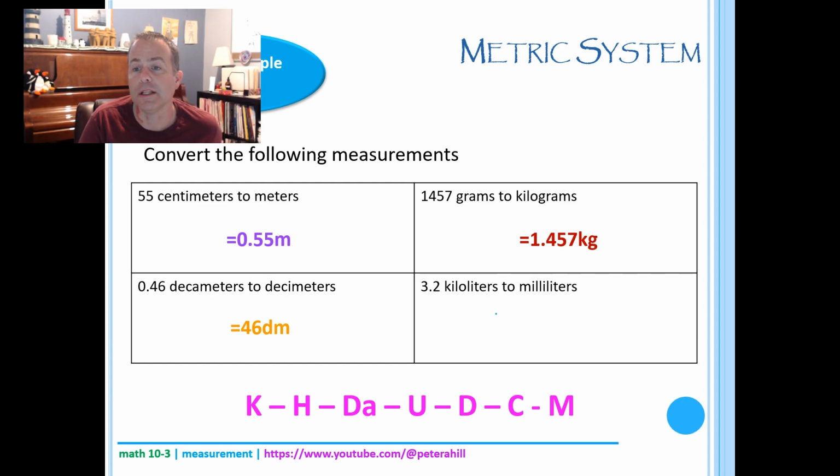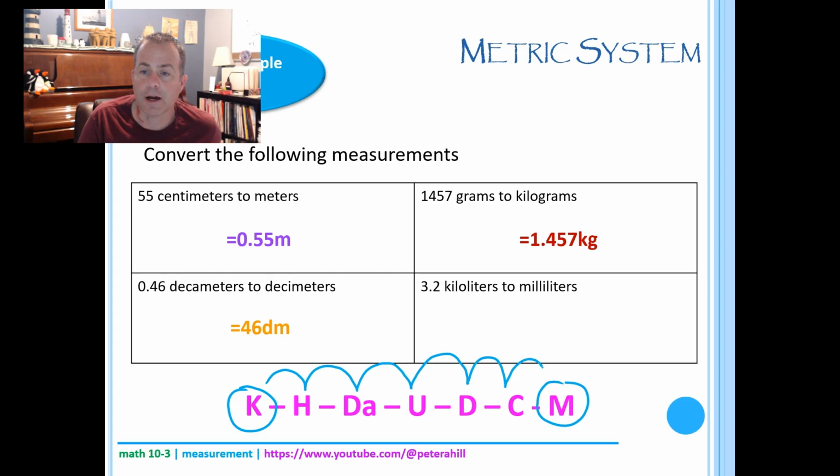Okay, kiloliters to milliliters. Okay, so kilo is this guy here. Milli is this guy here. So we're going to go 1, 2, 3, 4, 5, 6 places after our decimal. So I'm going to write this 3.2 for a sec, and I'm going to go 1, 2, 3, 4, 5, 6.